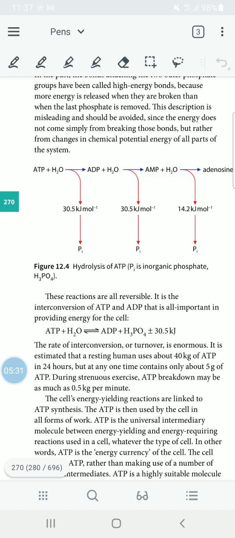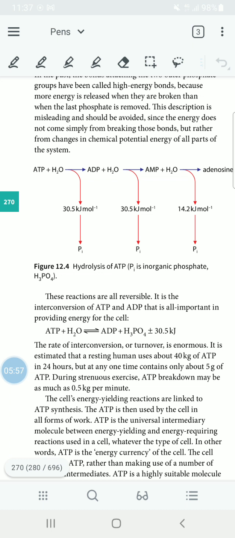Because if it is not that easy, then that is going to be a problem. So ATP plus H2O gives ADP plus H3PO4 plus or minus 30.5 kilojoules of energy. If it is the forward reaction, then energy would be released. If it is going back, then it would be absorbed.